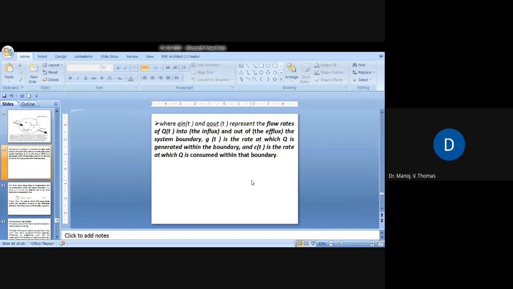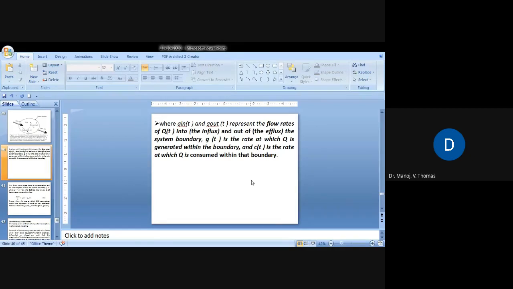So Q_in(t) and Q_out(t) represent the flow rates of Q, that is influx and efflux, and G(t) is the rate at which Q(t) is generated within the boundary, and C(t) is the rate at which Q is consumed within the boundary. So inside the boundary you have consumption and generation, and you have influx and efflux.